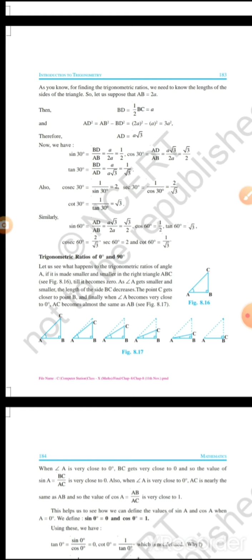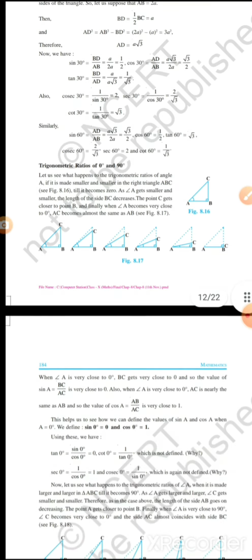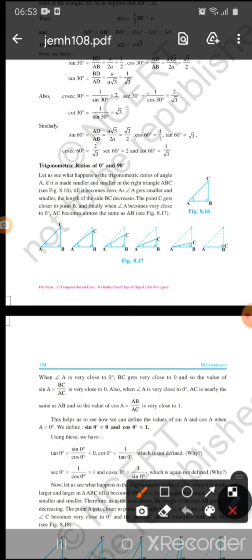As we had seen in the previous lectures, the ratios: sin theta was opposite side upon hypotenuse, cos theta was adjacent side upon hypotenuse, and tan theta was opposite side upon adjacent side. Now we will be seeing something further into this.